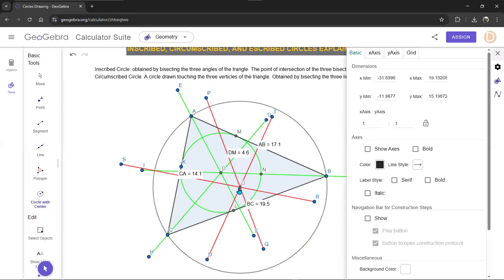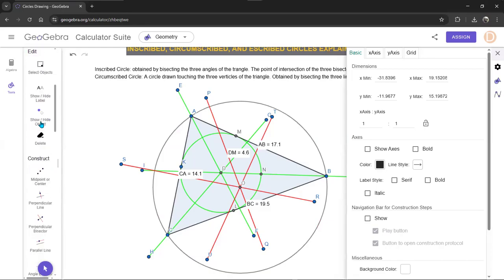Now the distance between O and the circle is the radius. So for this case, we can use the distance OB as the radius, and you can also say OC or OA, it will give you the same radius.